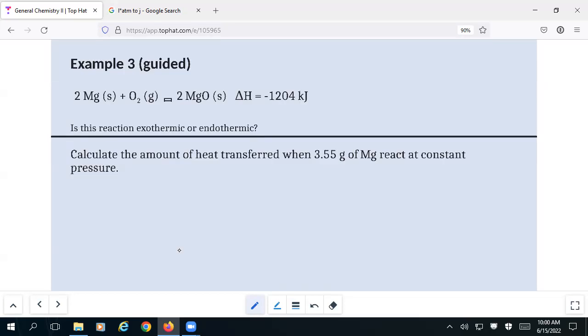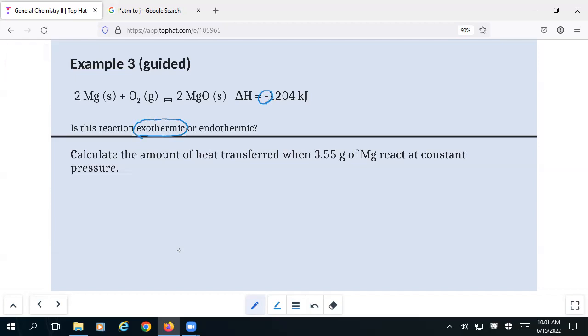And so final problem for today is this one. We've got the reaction of magnesium with oxygen to make magnesium oxide. The enthalpy of that reaction is negative 1204 kilojoules. So just over 1200 kilojoules are released. Since this is a negative value, we know that it is an exothermic reaction.